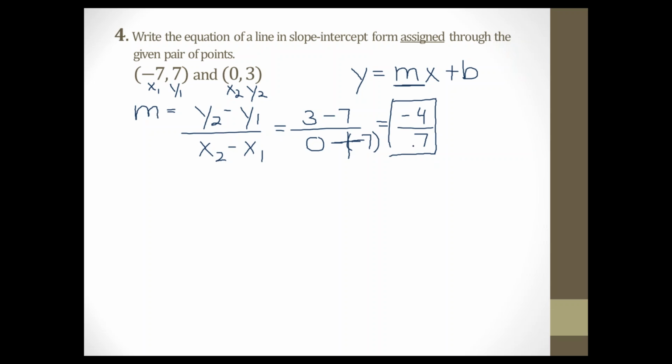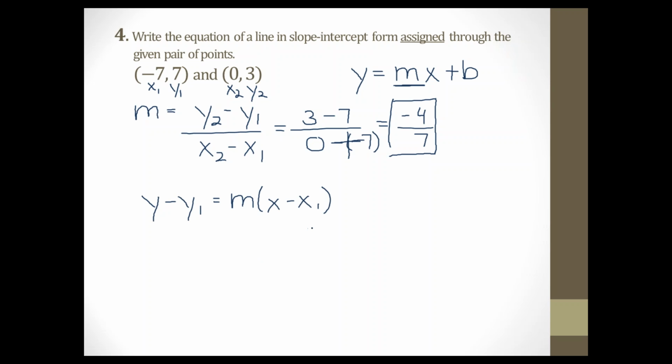Now I have my m, and I need to write this in this equation, so I could use another formula which is called the point-slope form of an equation. y minus y1 equals m times x minus x1. I hope this rings a bell.